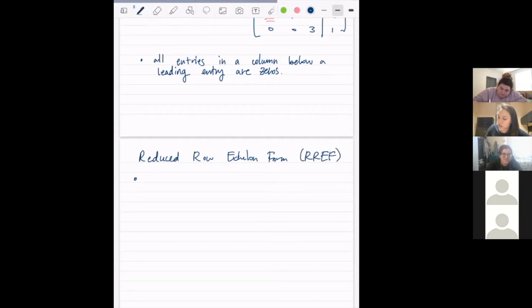The first condition is that the matrix is in row echelon form, standard row echelon form, and also that the leading entries are all 1.